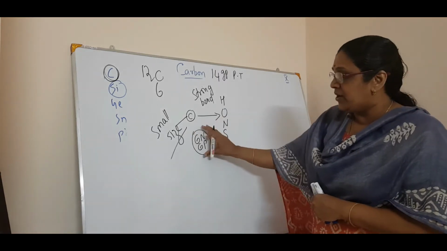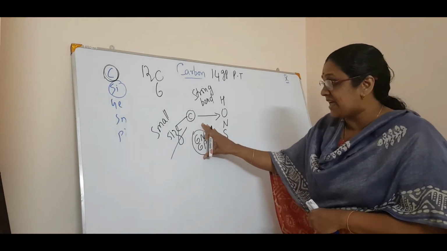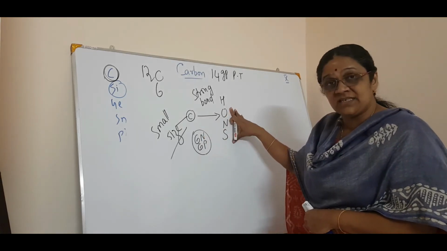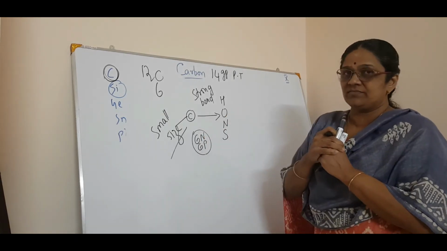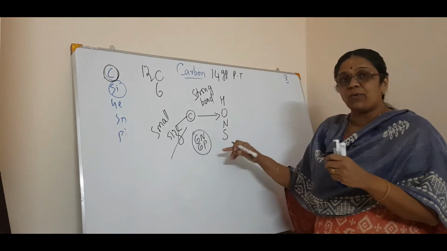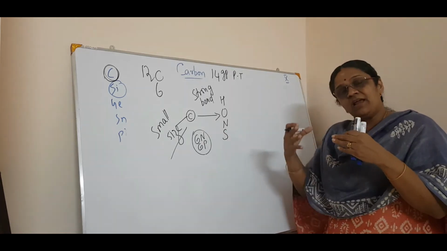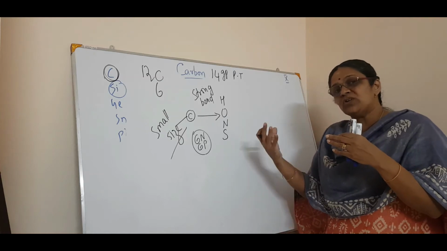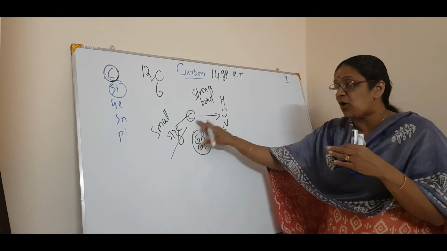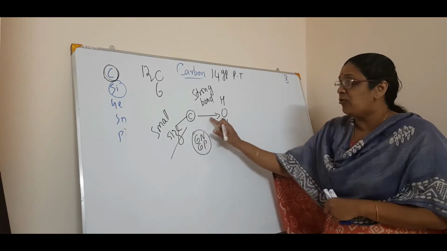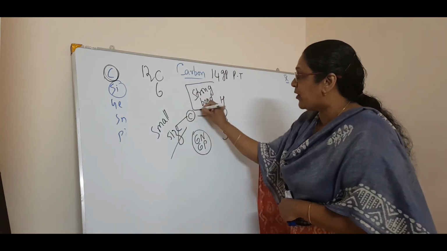That means the positive charge of the nucleus can attract the electrons very, very strongly. If it was a bigger atom, the attraction will be lesser. If it is even bigger, lesser, so the bond will also become weak. Since due to the small size of the carbon atom there will be a strong bond, that's the value point.